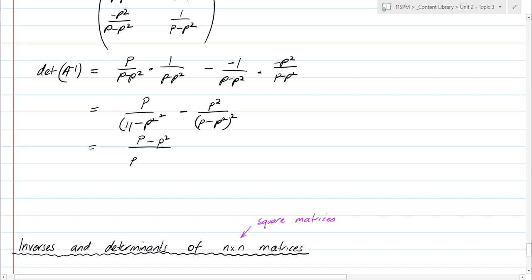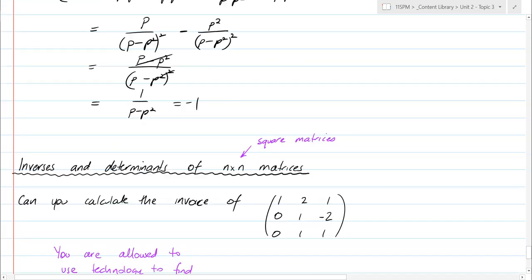So I was wrong. Don't worry about it. I found the determinant of A. Oh, okay. So I get P minus P squared on the bottom there, squared. One of those cancels with one of those, leaving me with 1 over P minus P squared. And I need that to be equal to negative 1. That's what the question's asking.